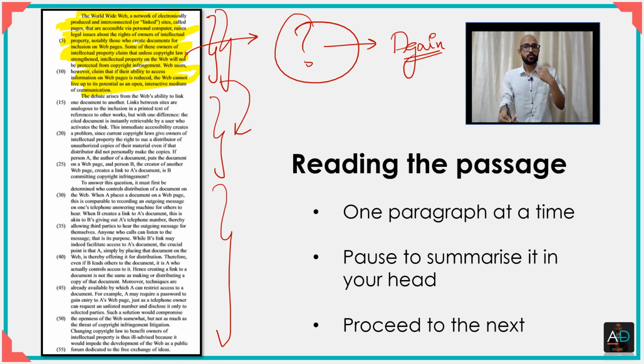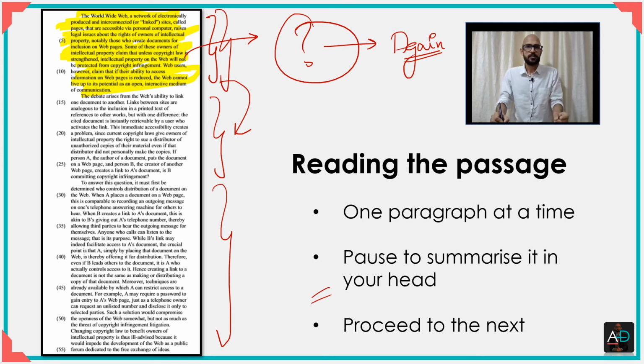So I was talking to you about how you should identify how many times to read. This is your answer. Let us say you're able to summarize it. Good, move ahead. If you're not able to do that, do it again and practice this. Suppose you feel you're taking too long, then practice it until you get the skill. And with practice, you will get speed. It's very simple. And if you would do around 10 passages over the next few days, I'm sure you'd be able to do very well in the exam.